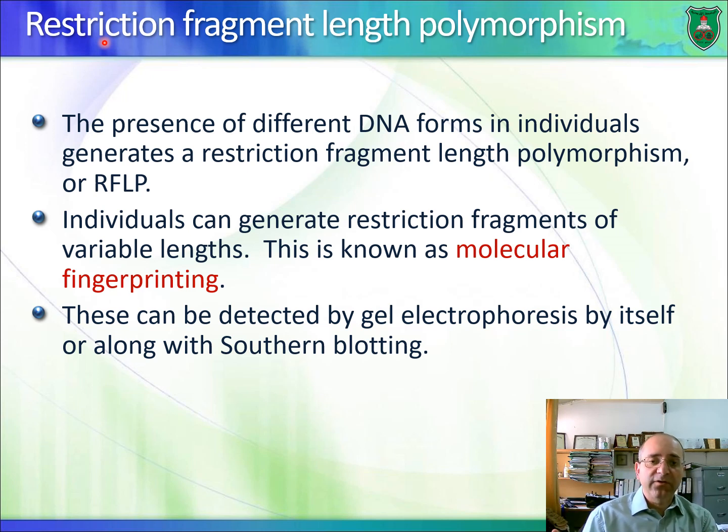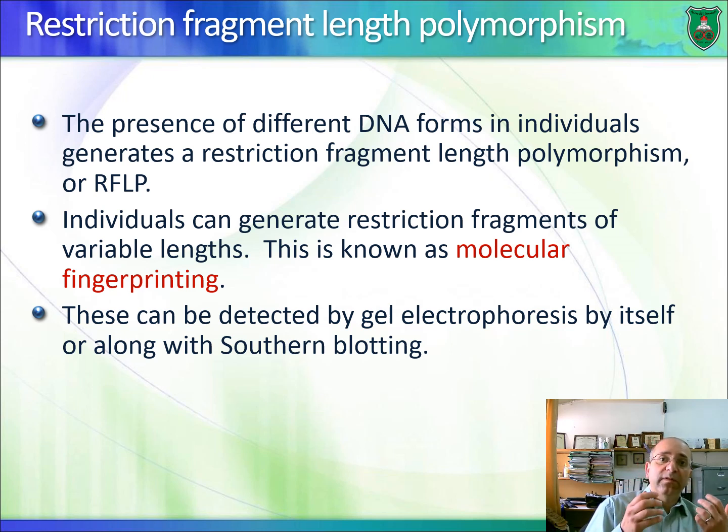The restriction endonuclease would generate fragments of different lengths, because there are subtle differences in the DNA sequences between the 2 individuals. Okay, and this is what is known as molecular fingerprinting. That is, each one of us has his own or her own fingerprint. Okay, and it is specific for that person.